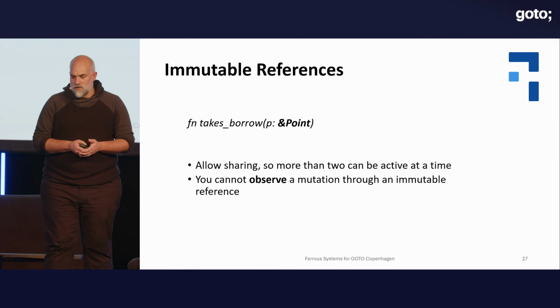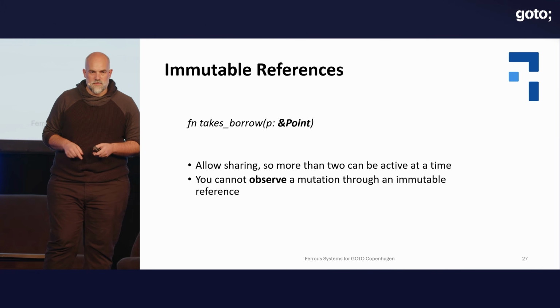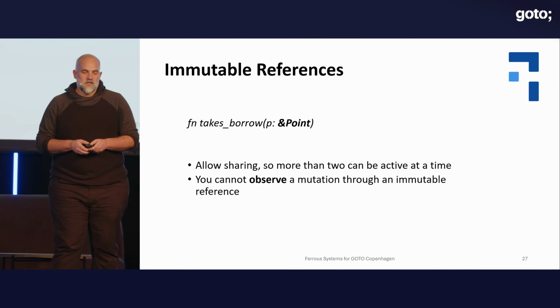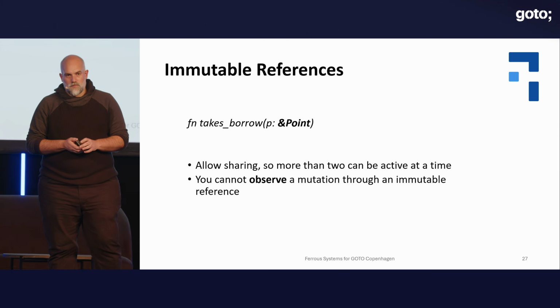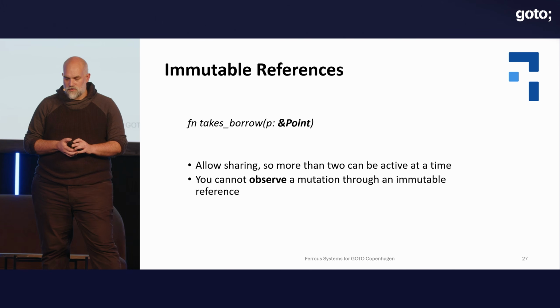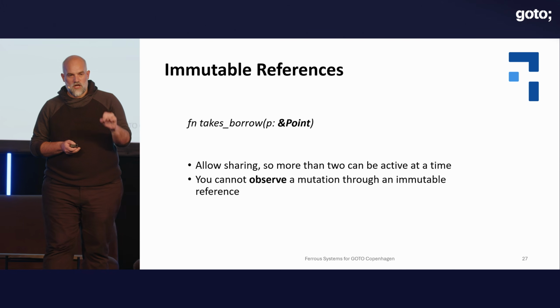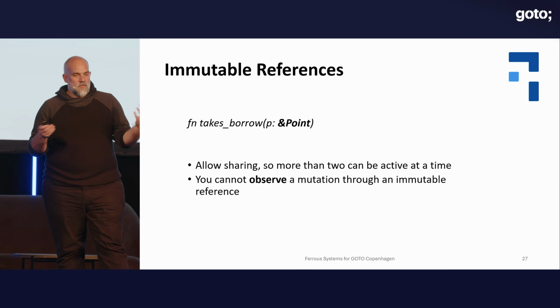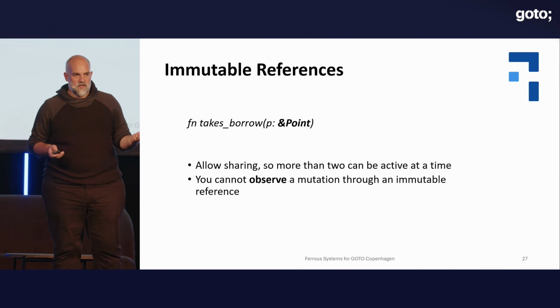Similar to the function here, instead of takes ownership, which had no sigils in its type signature at all, we have a function here that's called takes borrow, which takes a reference to a point data structure, as I have introduced earlier. These references are allowed to be shared, so there can be more than 1, 2, 3, 4, 5 active at any time.